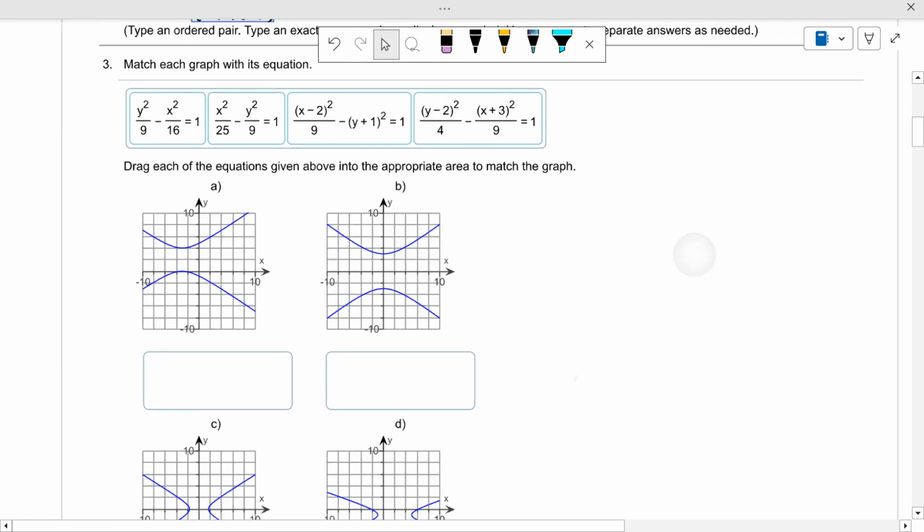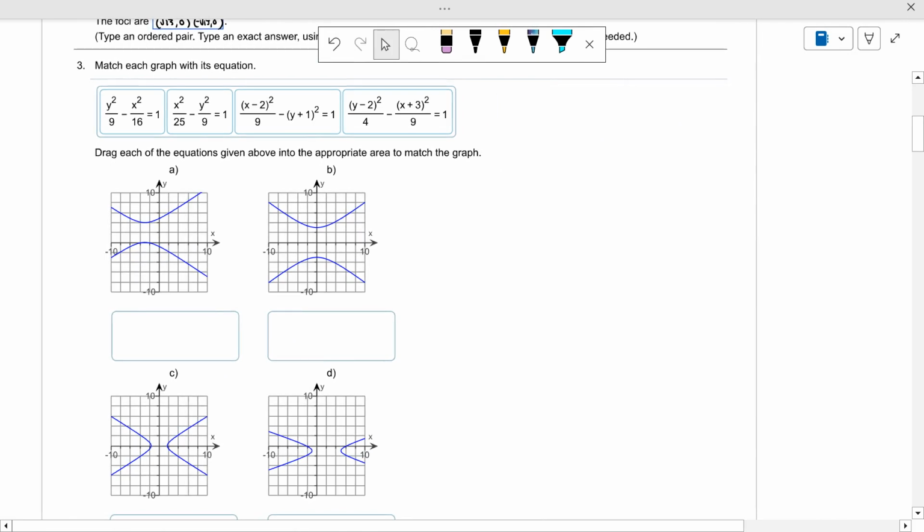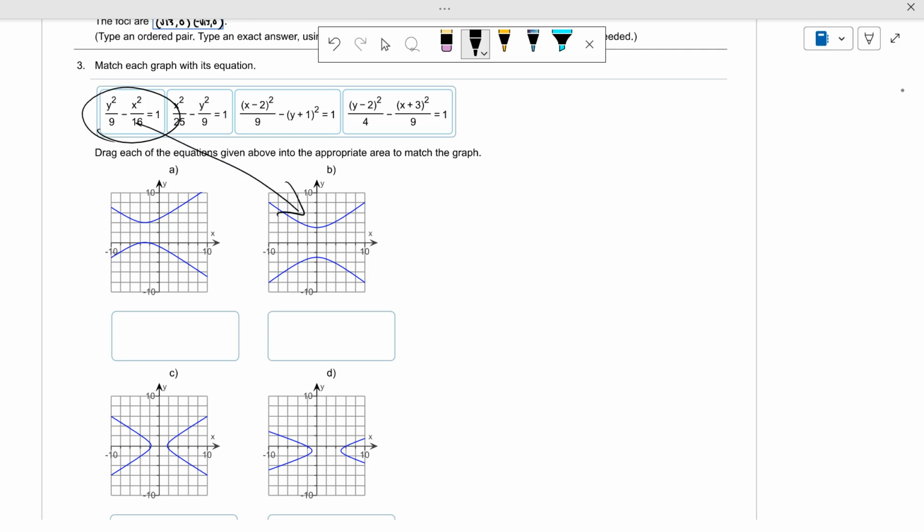You're matching up hyperbolas here. The center of this one is 0, 0, and it's an up-down one. The center of this one is 0, 0, and it's a left-right one.